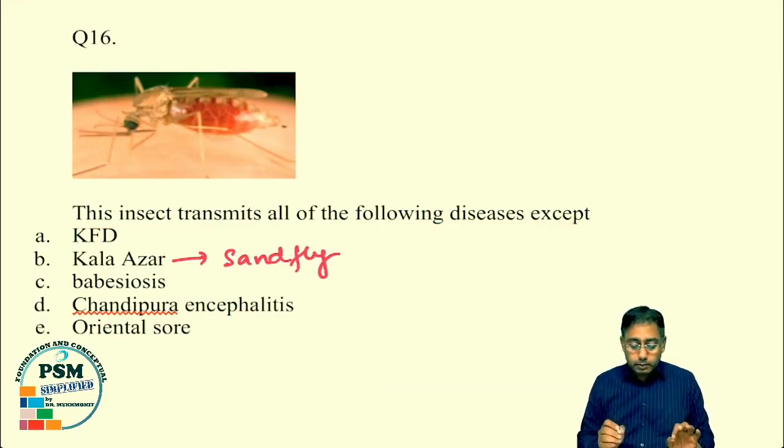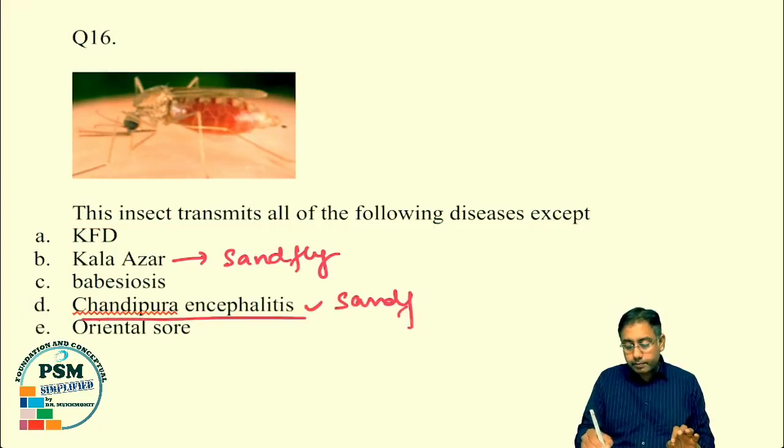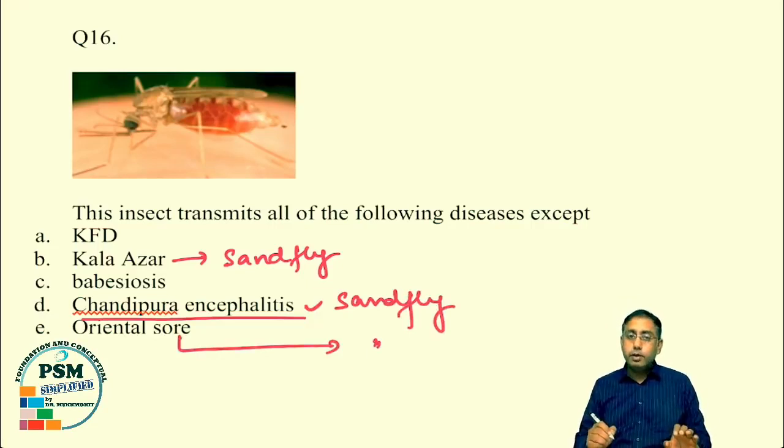Babesiosis is not caused by sandfly, but there is another thing, that is Chandipura encephalitis, which is again a sandfly disease, and oriental sore, which is also a sandfly disease. So everybody knew about oriental sore and Kala azar, but Chandipura encephalitis. Chandipura is a small town, a small community in Gujarat where the encephalitis was reported, and was predominantly because of the sandfly species.